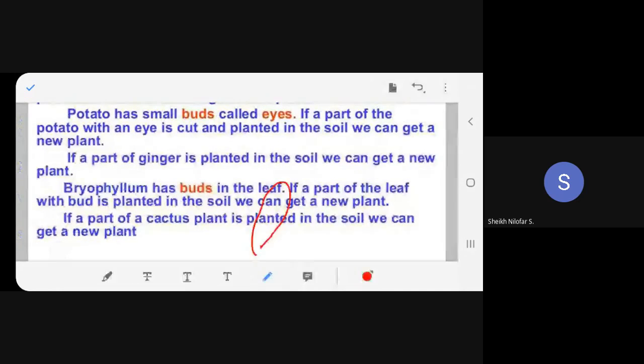In the same way, you know cactus? It has lots of prickly thorns. If you cut this portion and put it in the soil, you get a new plant. Any problem regarding vegetative reproduction? Cactus also grows like this.